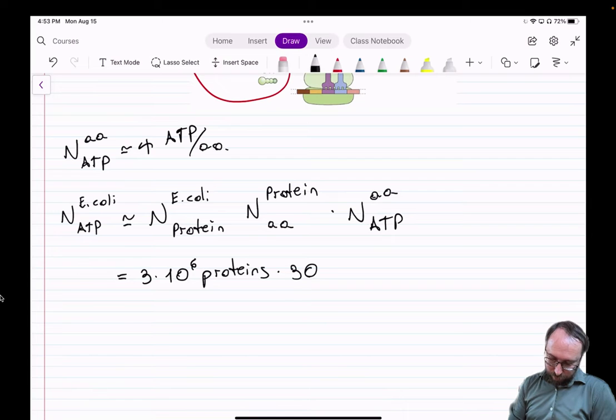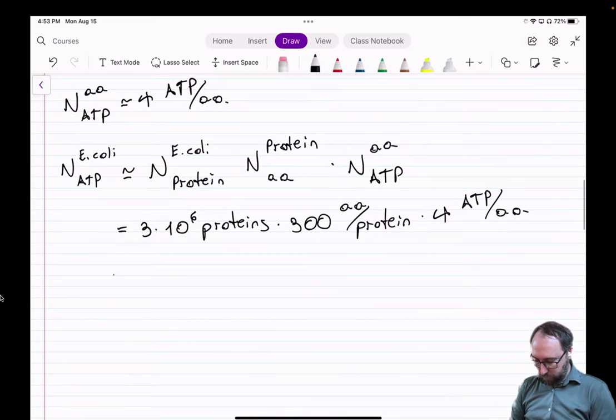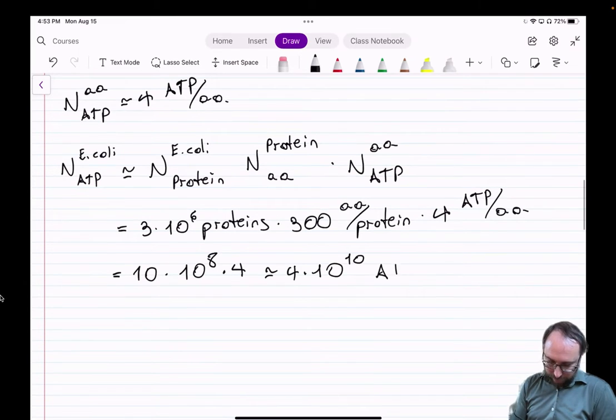There's on the order of 300 amino acids per protein, and on the order of 4 ATP molecules per amino acid. So this brings us to, let's see, 3 times 3 is 10, so 10 to the 6 times 10 to the 8, times 4, okay? So here we are on the order of 4 times 10 to the 10 ATP molecules, okay?